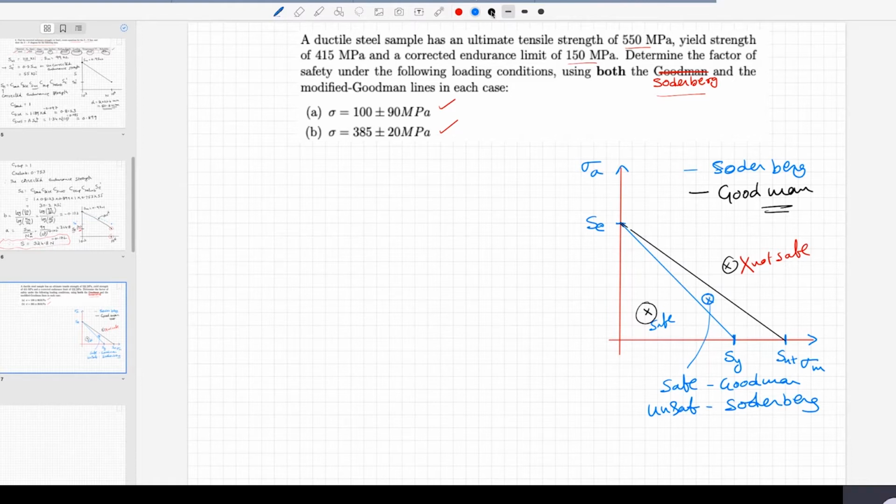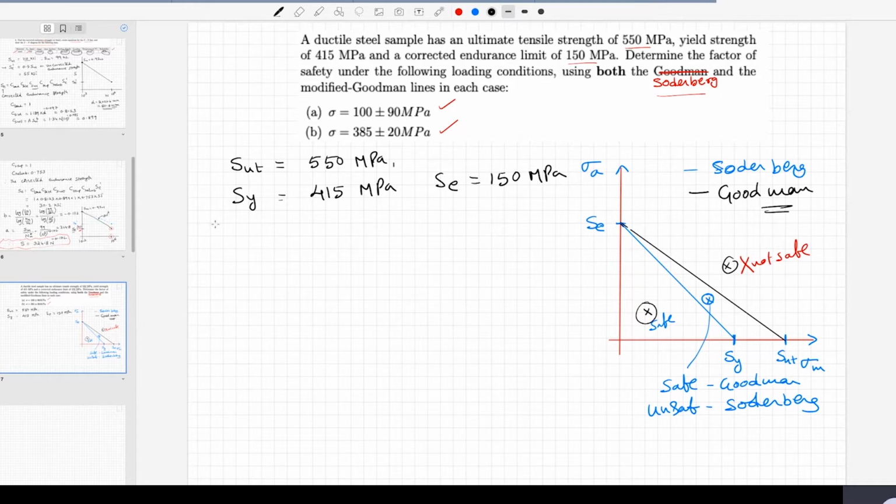Okay, so now the data that we have is the ultimate strength is 550 MPa, yield strength Sy is 415 MPa, and endurance limit is 150 MPa.